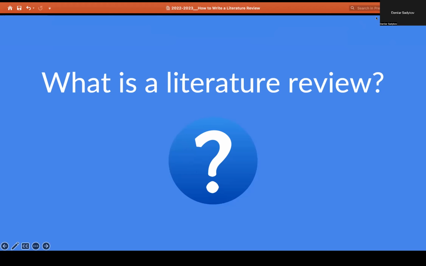So literature review is a list of peer-reviewed sources that we use for our work, for our paperwork. Is that correct? So you said literature review is a list of sources you may use for your research project. Not particularly used, but the list of sources that we discovered prior to writing our work in order to come up with the research question and the hypothesis.